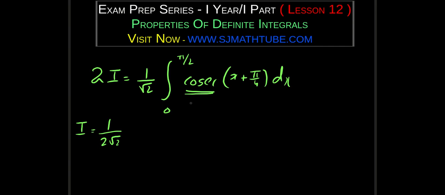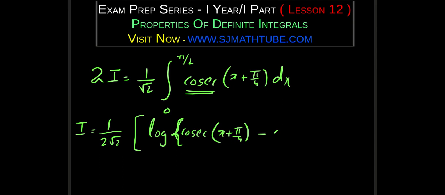What is integral cosec theta? Those who don't know, just pause the video, rewind and check the formula. Log cosec x plus pi by 4 minus cot x plus pi by 4 within the limits.